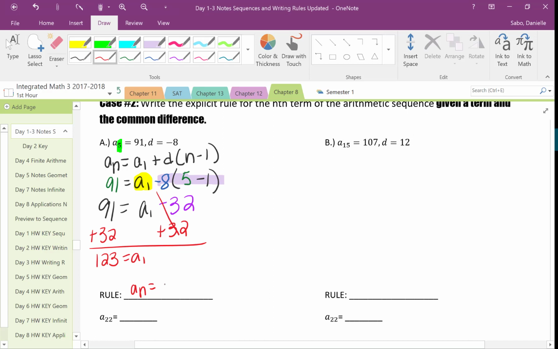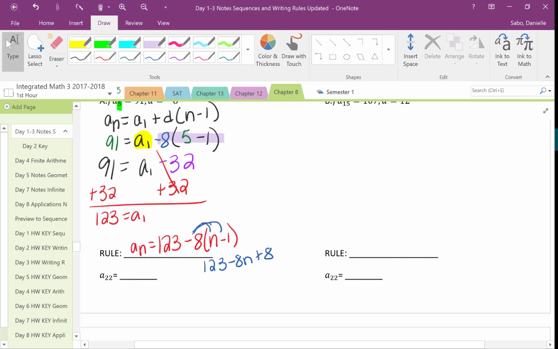What did we just find out? 123 plus our difference, or minus our 8, and we're going to leave n alone, because when we're working with the rule, we want to leave n alone so that we can plug in anything else later. We want it simplified, so I'm going to distribute. I get 123 minus 8n plus 8. And what's my final answer for this one?